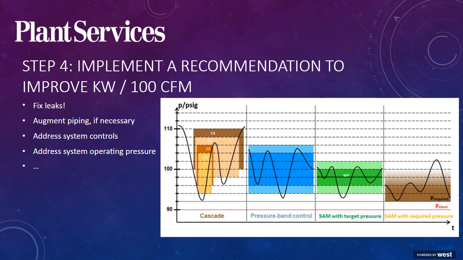But it leaves you with a very wide pressure band, which ends up resulting in higher demands because all leaks are going to leak more at higher pressures. As well as the power consumption for those non-peak times is going to be higher. With the advent of a pressure band master control, which is the blue area, so next to the right, you can see that pressure tolerances are reduced. Now moving further to right with the green, you can see a master controller with a target pressure.